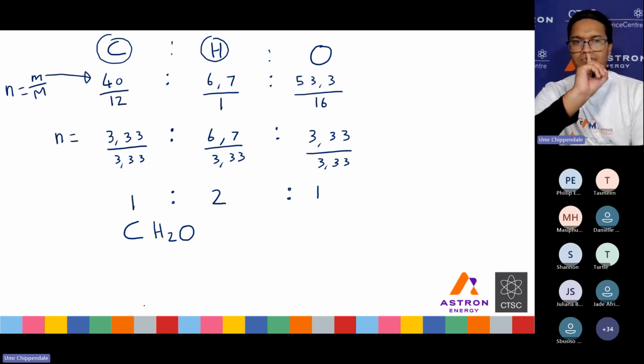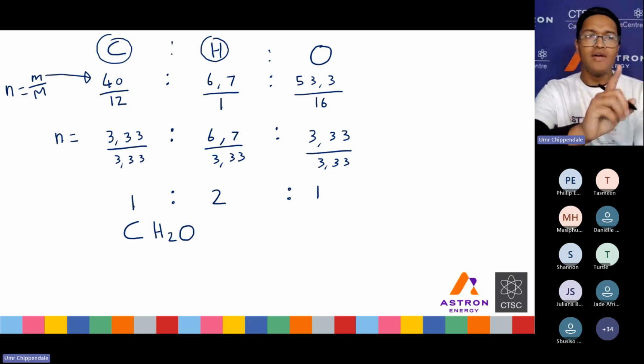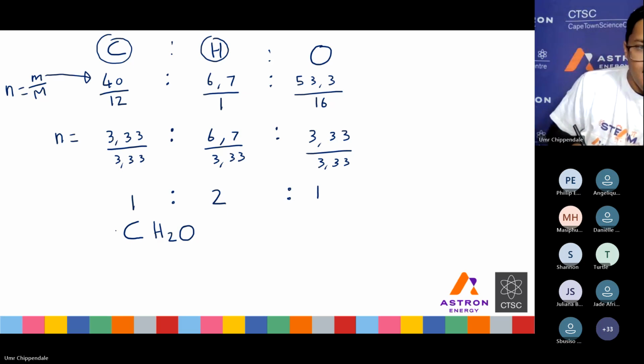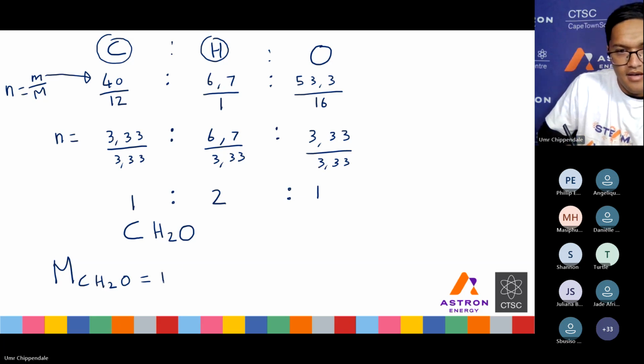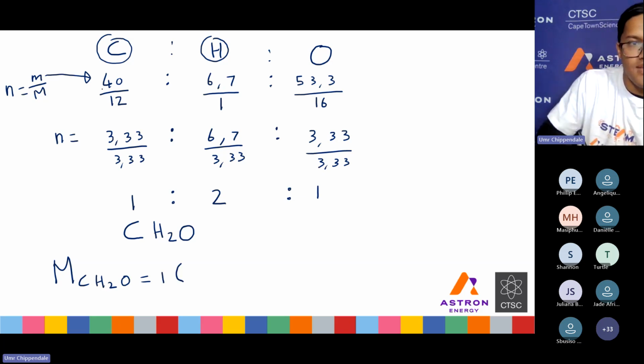But now, let's look at what the molecular formula is of this. CH2O is equal to: there's only one carbon, and the molar mass of carbon, as we said over here, is 12.